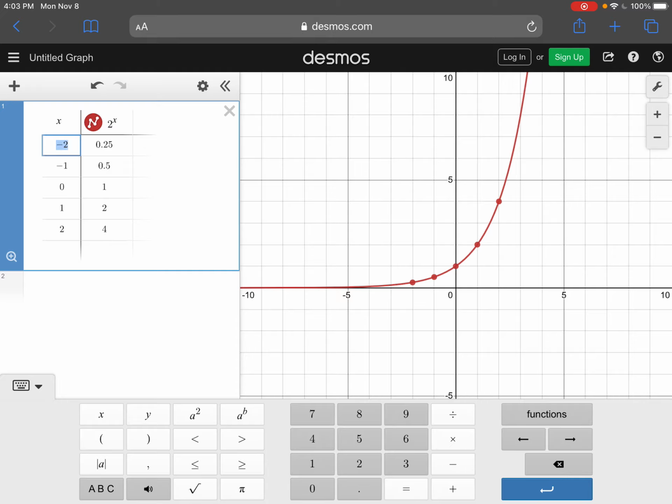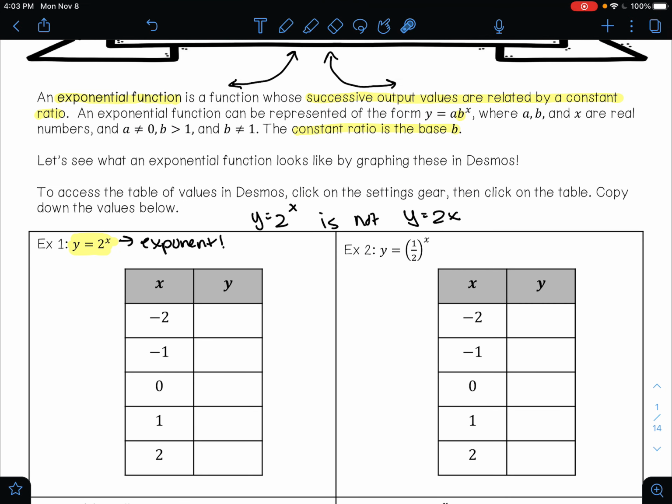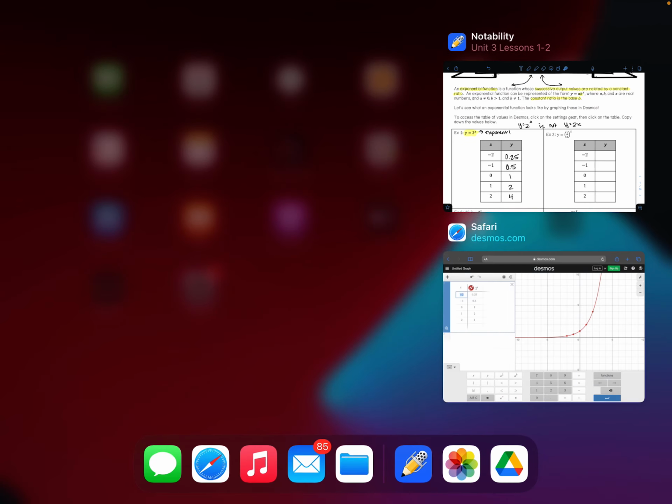So if I go back to my notes, for -2, we had 0.25. For -1, we had 0.5. For 0, we had 1. For 1, we had 2. And for 2, we had 4. So again, I'm getting these values from our table in Desmos.